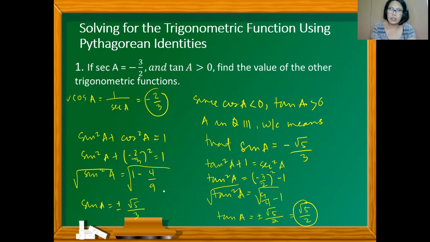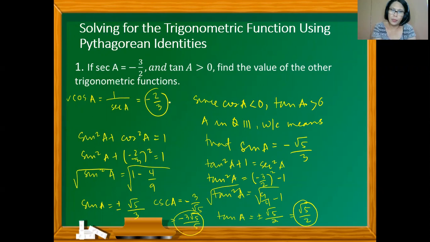So tangent has to be square root of 5 all over 2. So we know what's sine theta. So therefore, cosecant theta or cosecant A must be equal to negative 3 all over square root of 5, or this will be negative 3 square root of 5 all over 5.